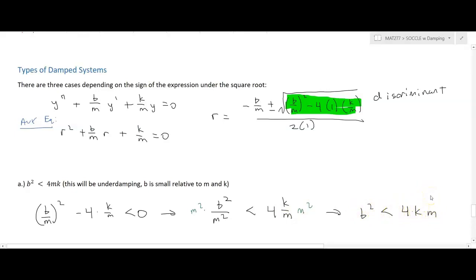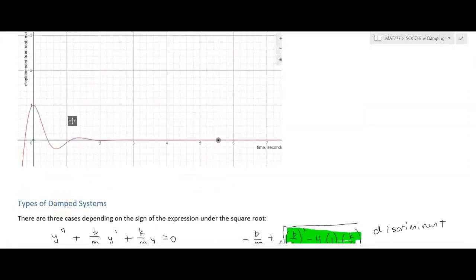So if b squared is less than 4 times k times m, we have what's called underdamping. B is small relative to m and k. We saw an example of underdamping here.